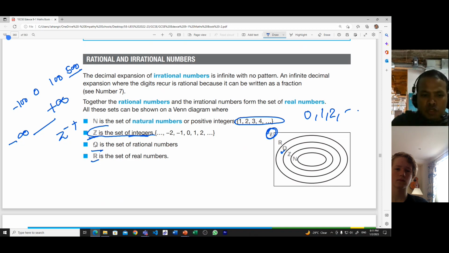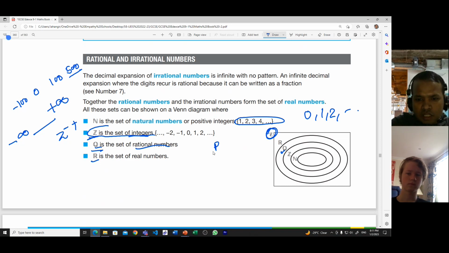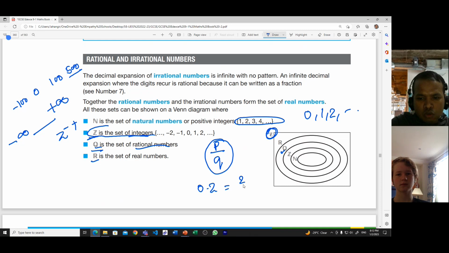And we write Q for rational numbers, all those numbers which we can write in the form of p over q. P over q means it can be a fraction, or if I say 0.2, we can easily write that as 2 over 10, or the same as 1 over 5. So this one is a rational number.